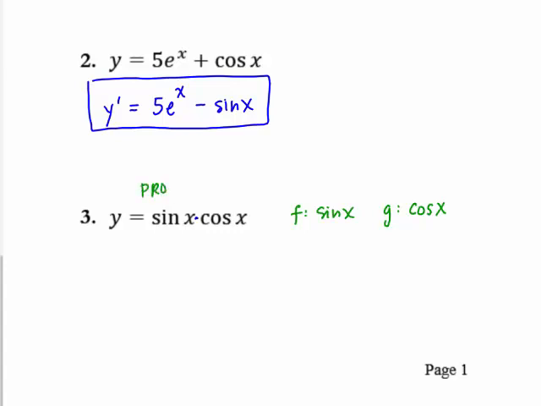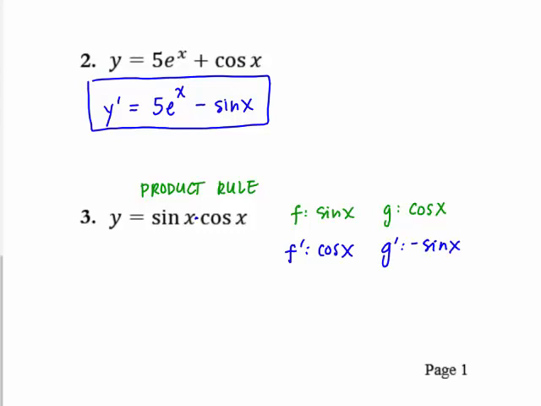This needs the product rule. If f is sine x, f prime is cosine x, and g prime is negative sine x.